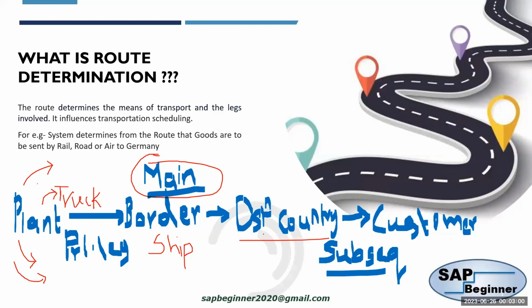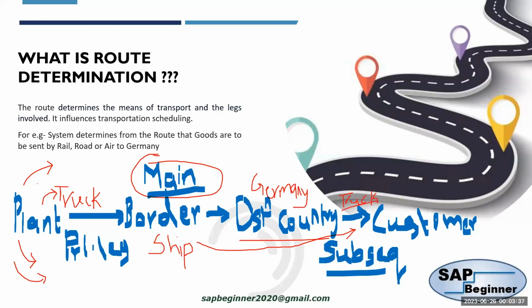At the dock, the ship has already reached, and the goods in the ship are moved to other trucks in the destination country.